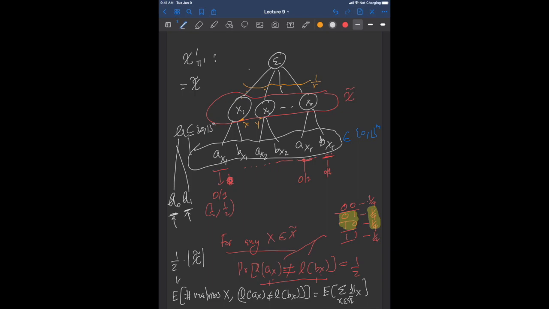Because on expectation this happens, there should be at least one partition that witnesses it.